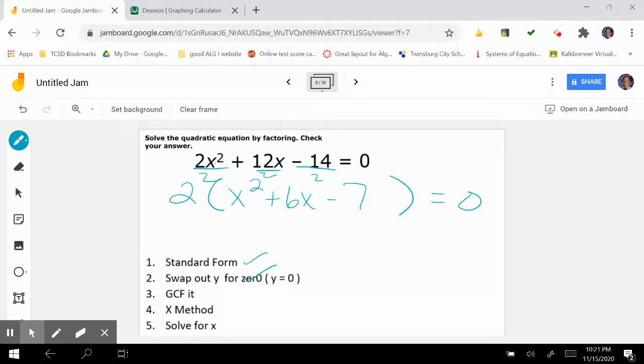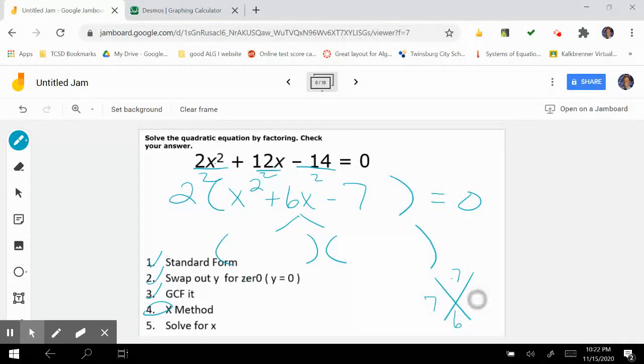So now what do I do? I'm going to try to simplify this down to factored form. So how do I do that? I'm already down here. I did standard form, swap, GCF. Now I want an X method. So what multiplies to negative 7 and adds to 6?